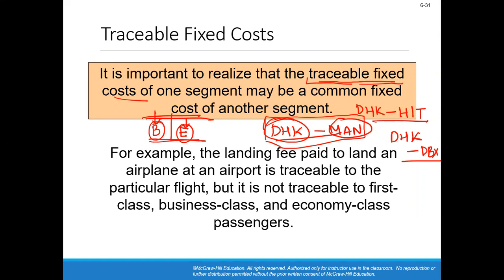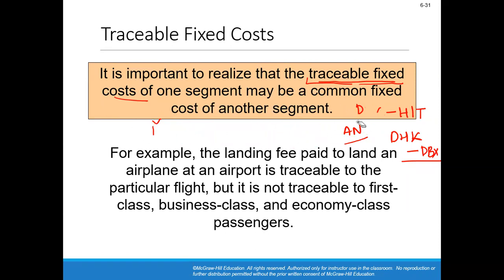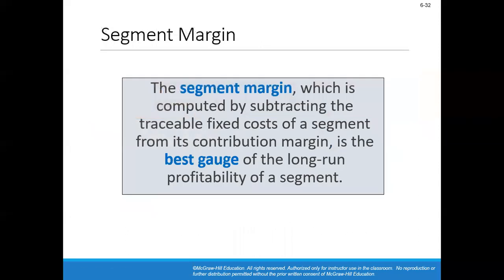Why? Regardless of the ticket classes, business or economy, they have to make up this landing fee cost. When we make segments in a different way, this same cost will be considered a common fixed cost. So one caveat is that sometimes a traceable fixed cost for one segment can become a common fixed cost in another segment.